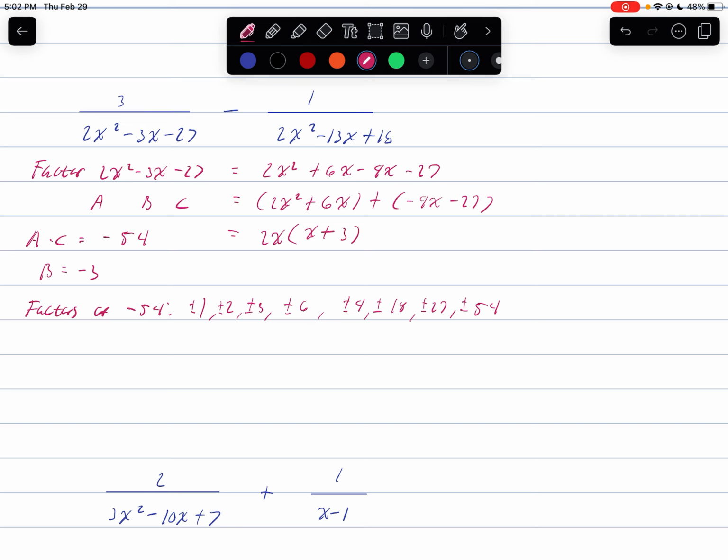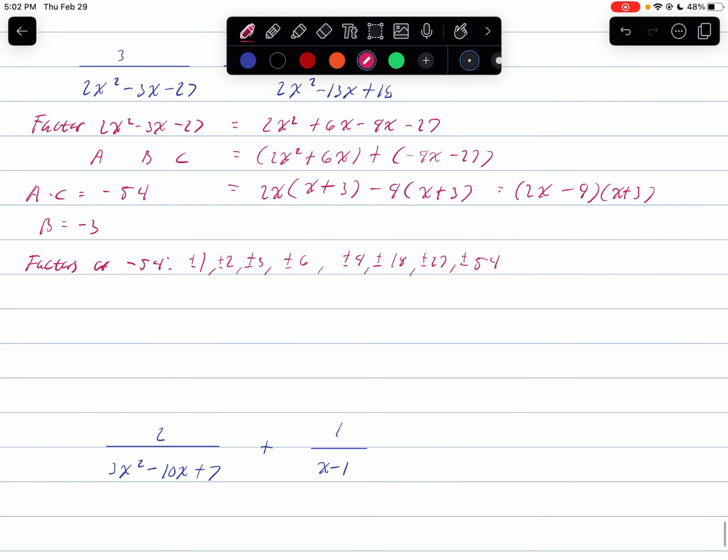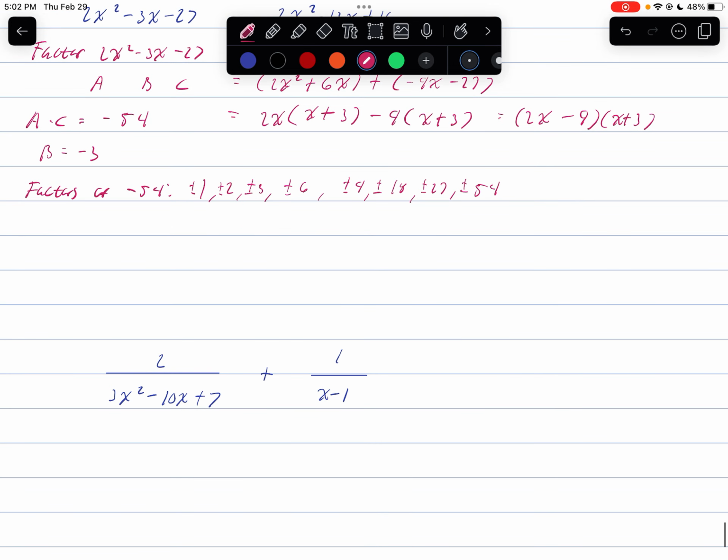And then on the right-hand side here, we can factor out a negative 9, and we'll get x plus 3. And if we undistribute, if we factor out an x plus 3, we get 2x minus 9 times x plus 3. So we have 2x minus 9 times x plus 3. Okay, so we're going to need that.